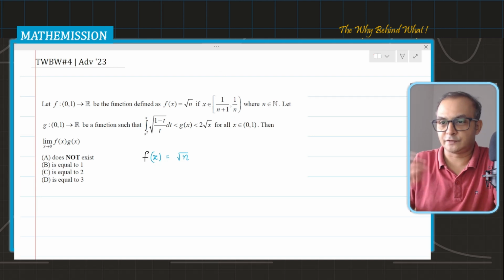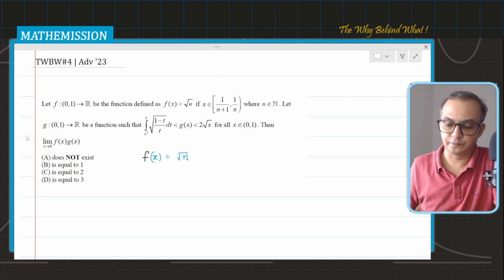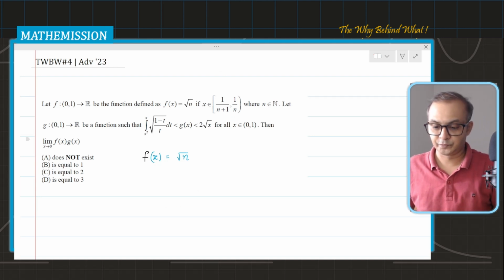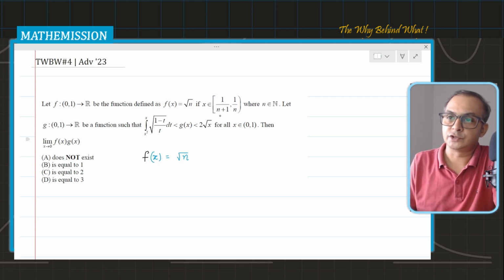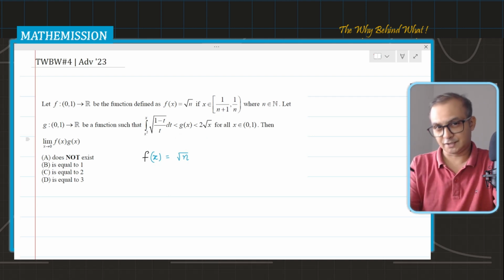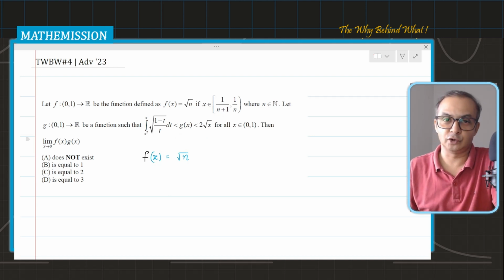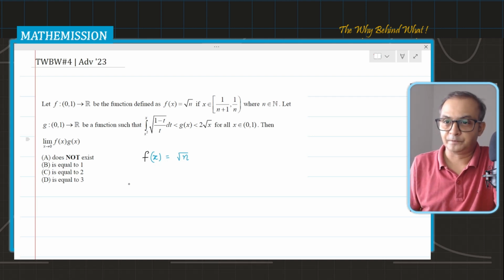So let me first define it, and I will also give the idea of how to apply some smart way to do it. Suppose you have x from 1/(n+1) to 1/n given, and I'm interested to find out the first interval, how the function looks like. Let us see. Suppose I substitute n equal to 1.